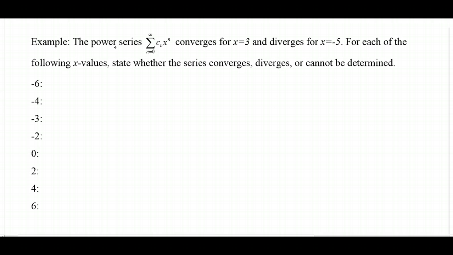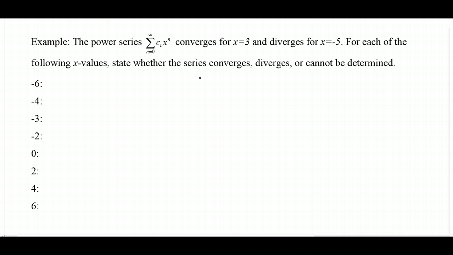So I have the power series given by the sum of n equals 0 to infinity of c sub n times x to the n. And we know that this power series converges when x equals 3, but diverges when x equals -5. For each of the following x values, state whether the series converges, diverges, or cannot be determined.